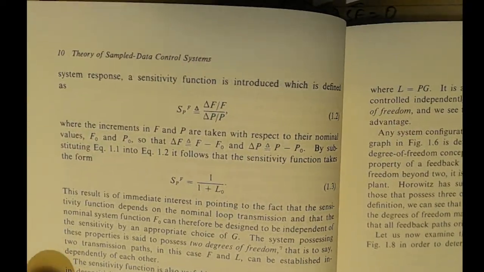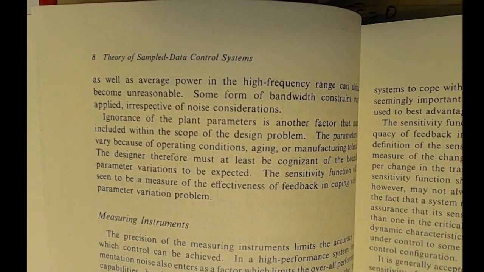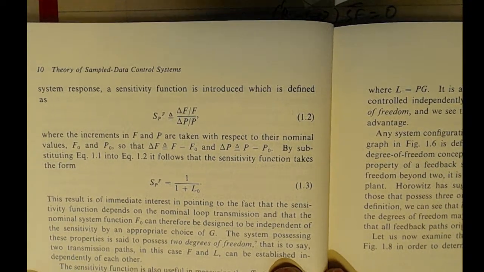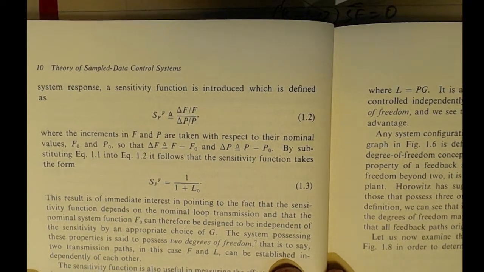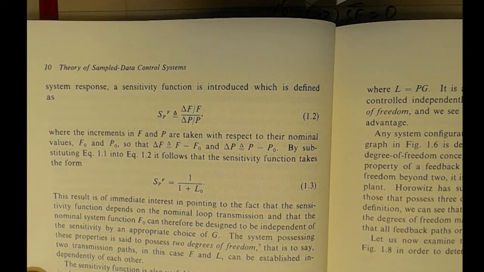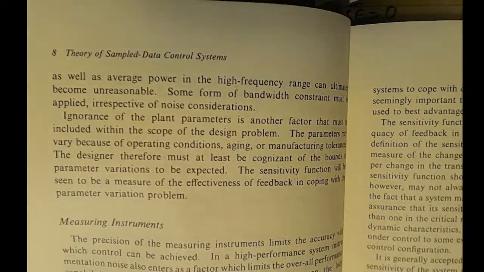Oh, wait, this is the second half of the sentence. In order to examine the effect of plant parameter variations on the system response, a sensitivity function is introduced, which is defined as the sensitivity of F with respect to P, where F is, okay, I'm starting to understand it here.